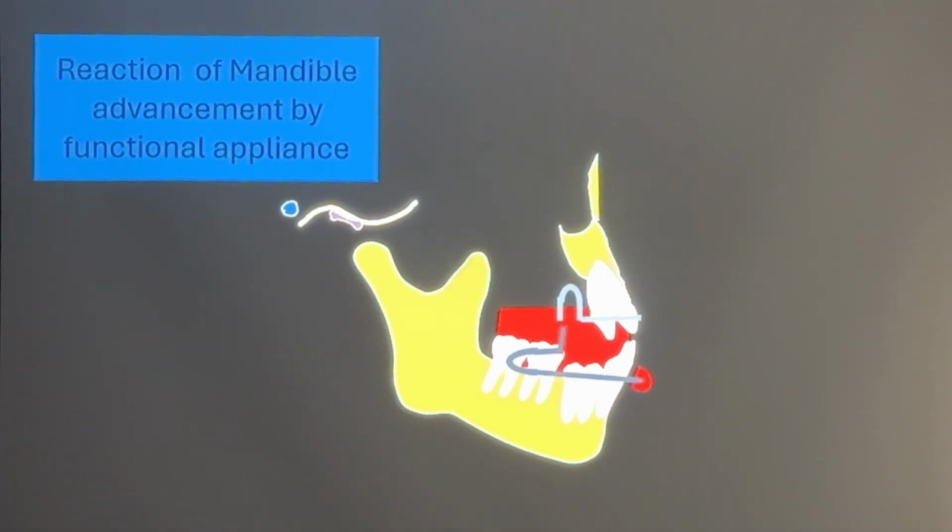you mark the cusp tip in the lower dentition. The first step is to mark the cusp tip, and then make a flat grinding. Mark 4 points: 1, 2, 3, 4.